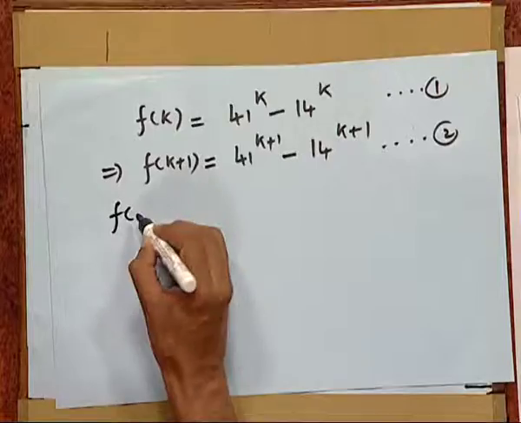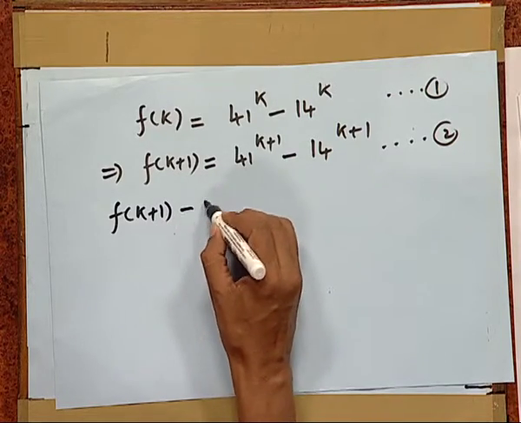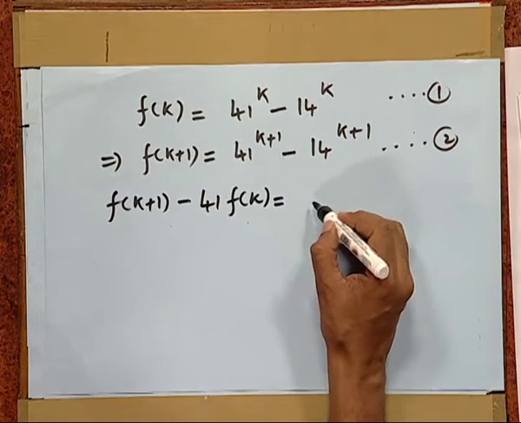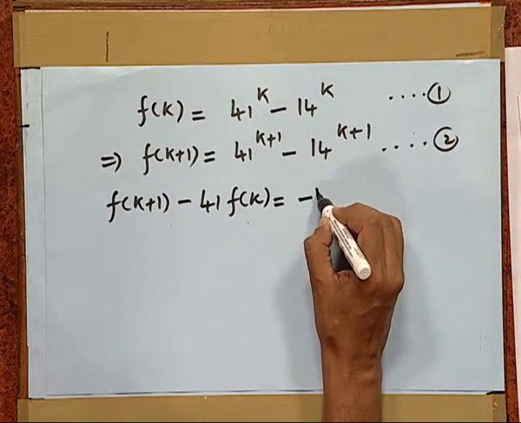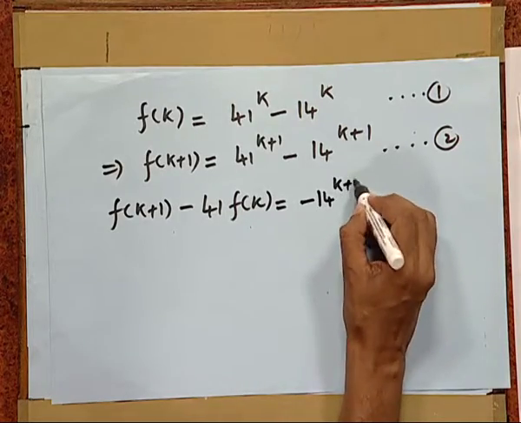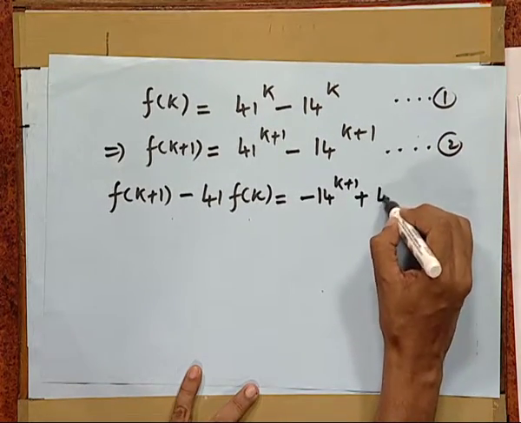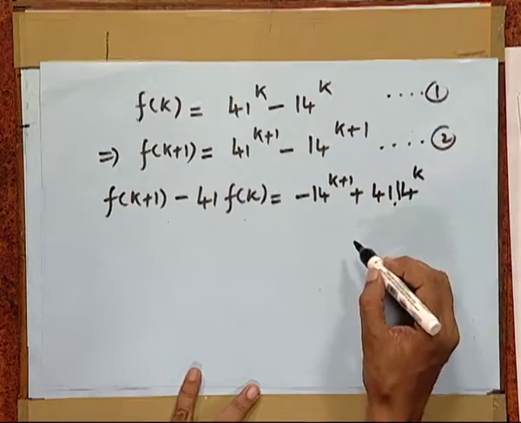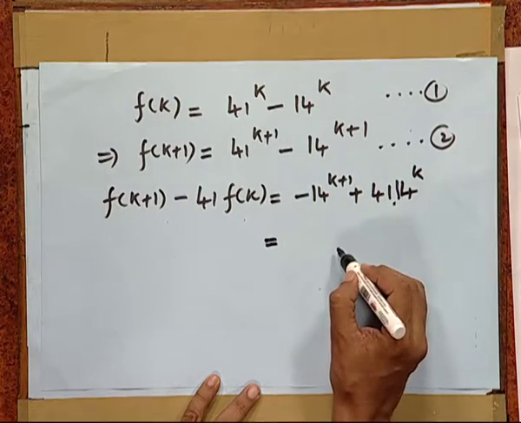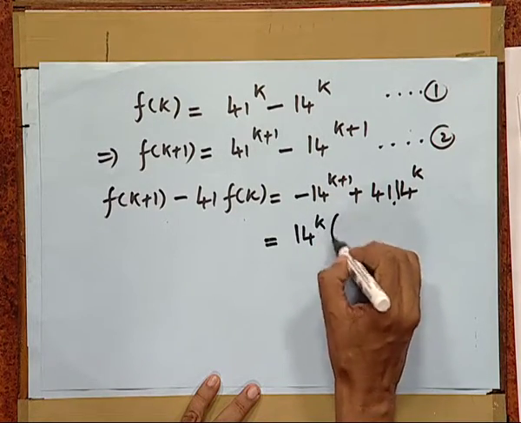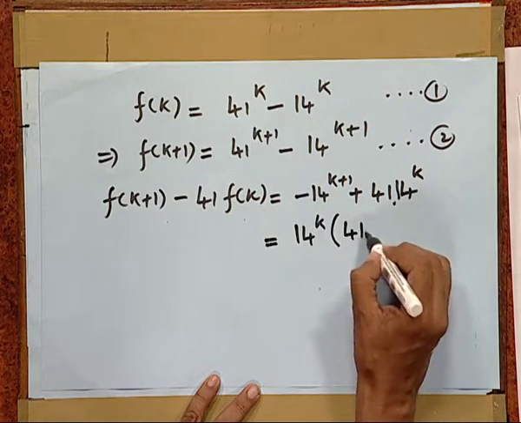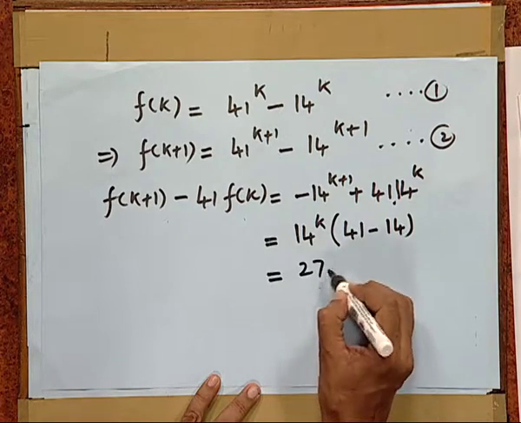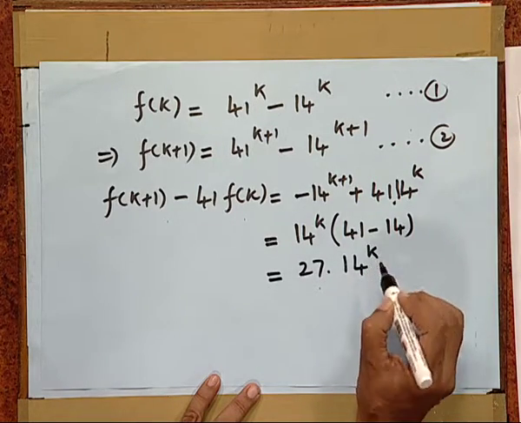So, we get f(k plus 1) minus 41 f(k) equal to minus 14 power k plus 1 plus 41 times 14 raised to power k, which equals 14 raised to power k times (41 minus 14), which equals 27 times 14 raised to power k.